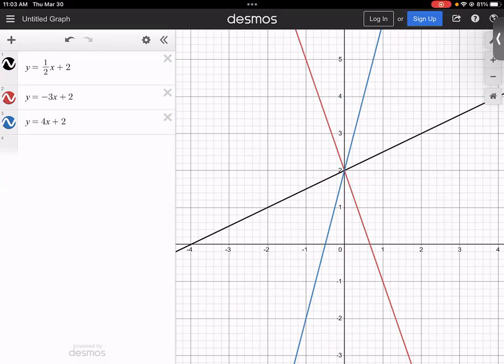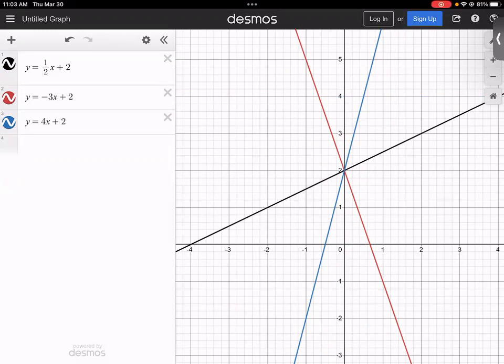Okay. Do you think there's something special with these numbers and how the line looks? What's the only one falling? From left to right, what's the only one that's falling? Red.